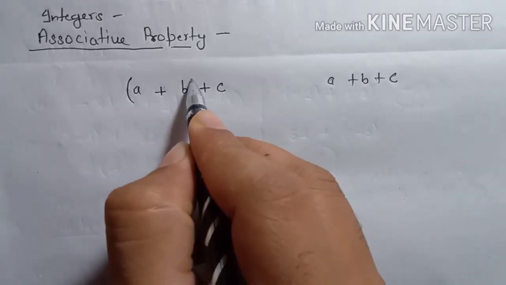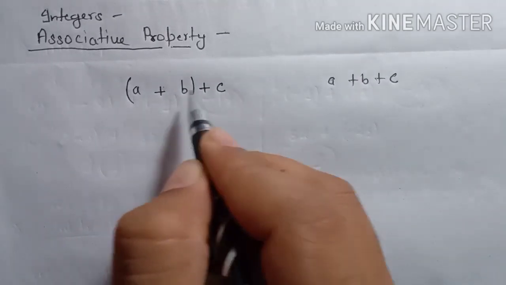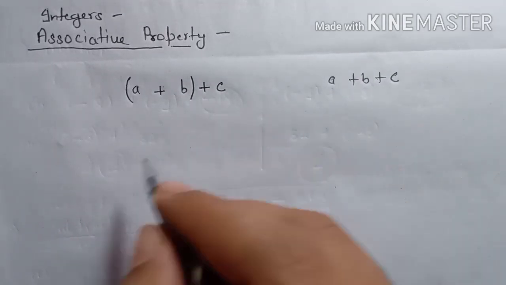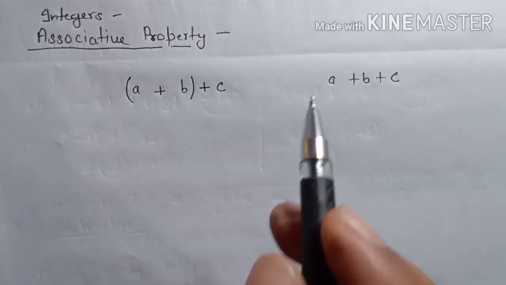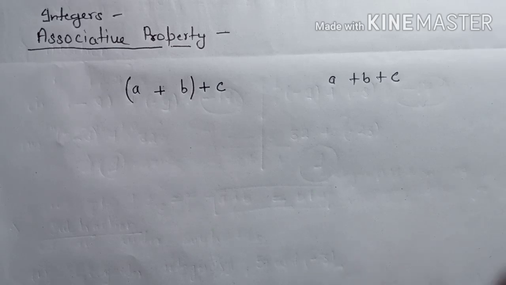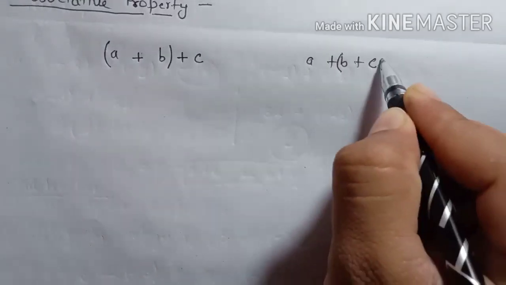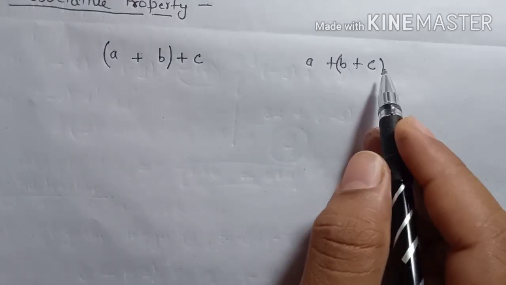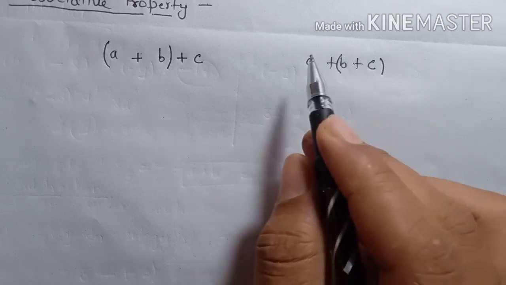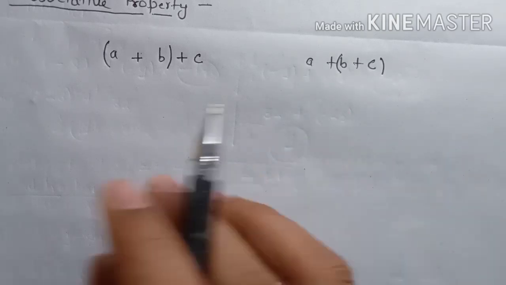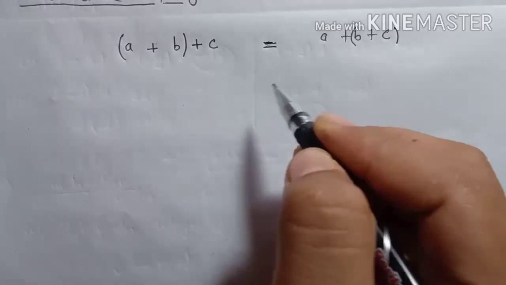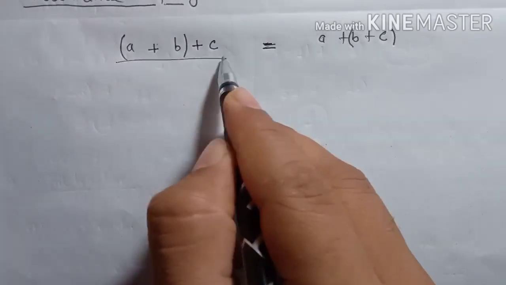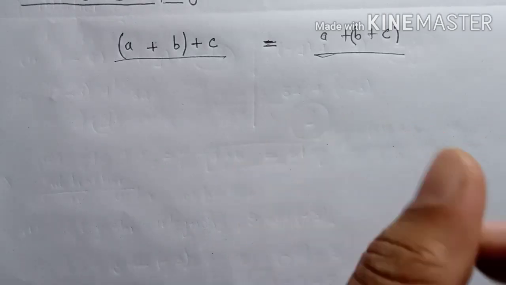Or we can add b and c first and then add a in that result. In the case of whole numbers, these two operations give the same result.